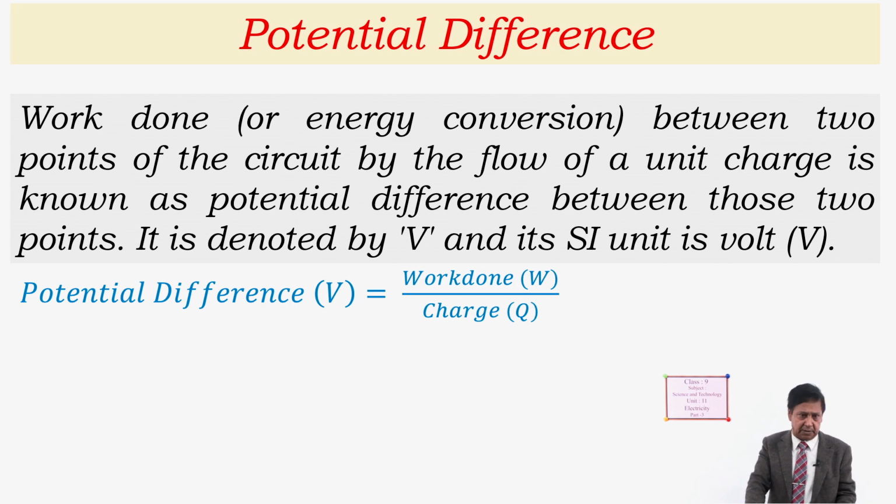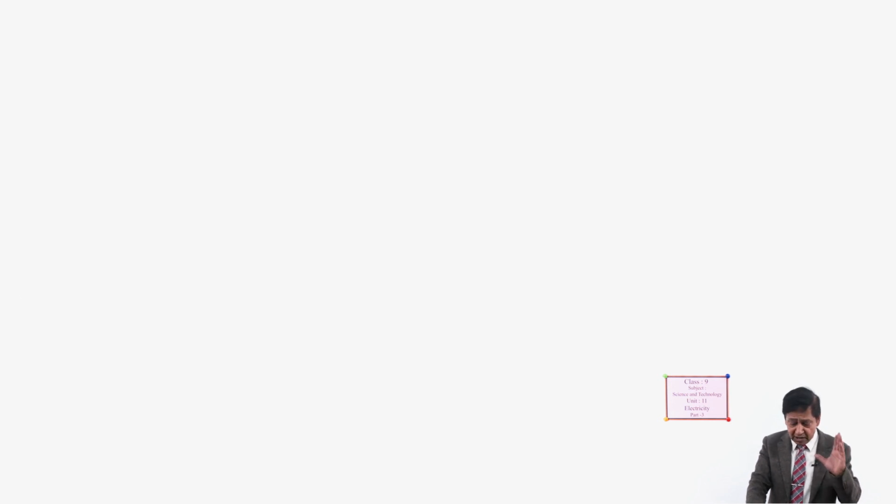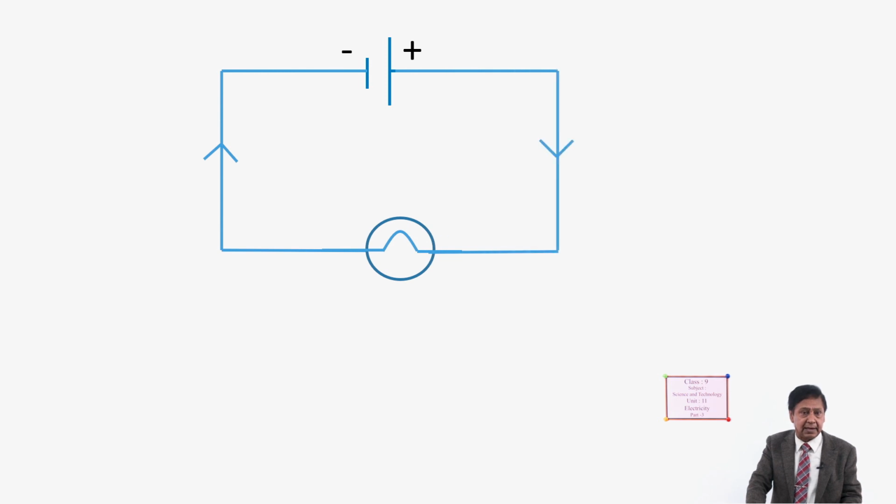Now, if you remember what I told you in previous class also, I am repeating the same thing. This is an electric circuit, and if we have to measure potential difference between 2 points of the circuit, I mean to say the left hand side one point is taken, right hand side another point is taken, we are going to find out the work done between these 2 points.